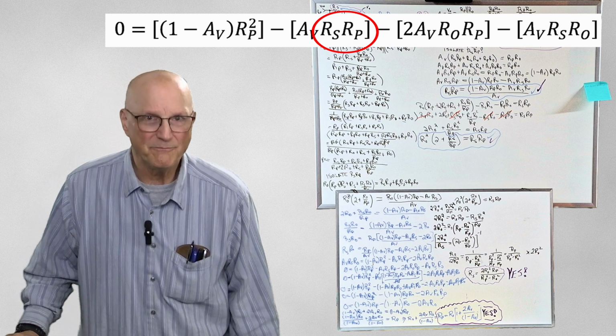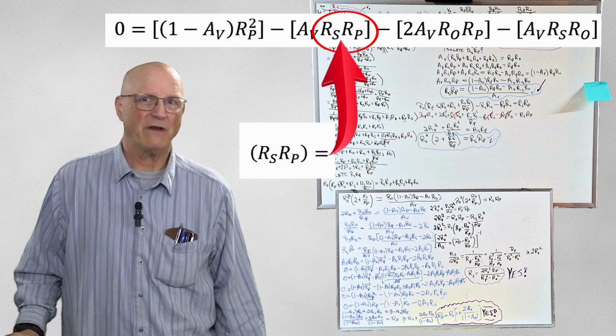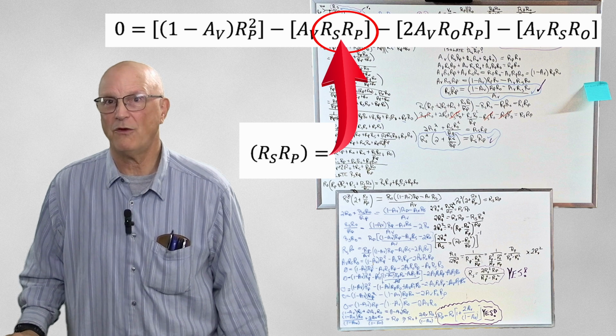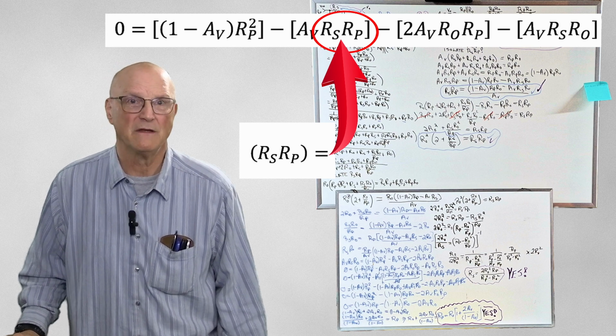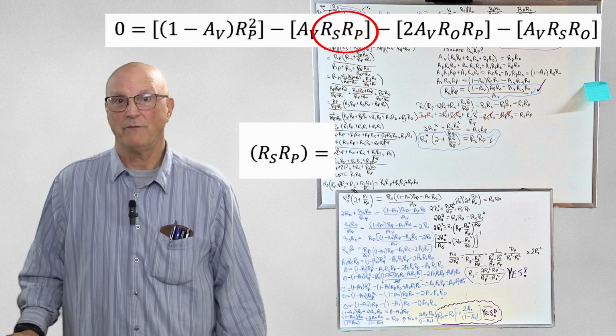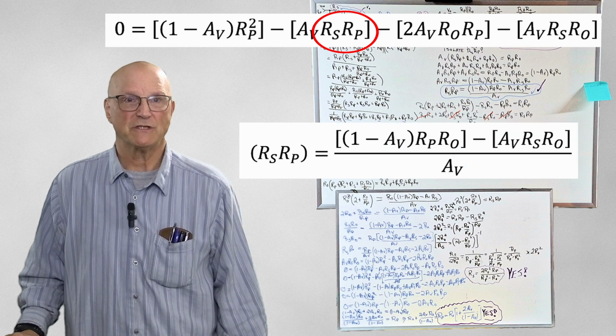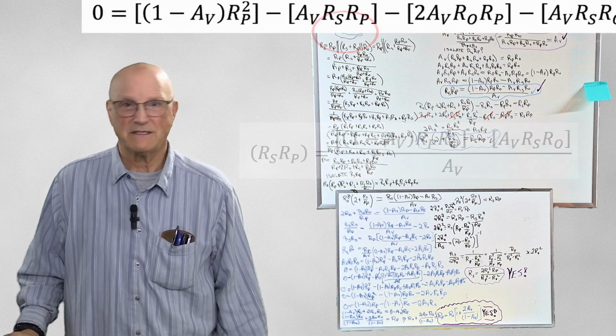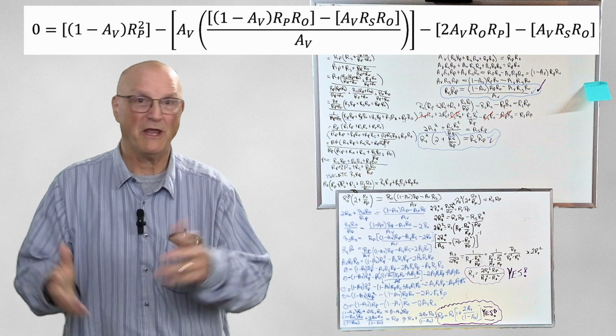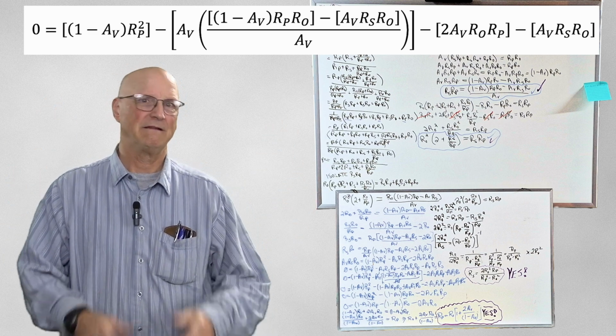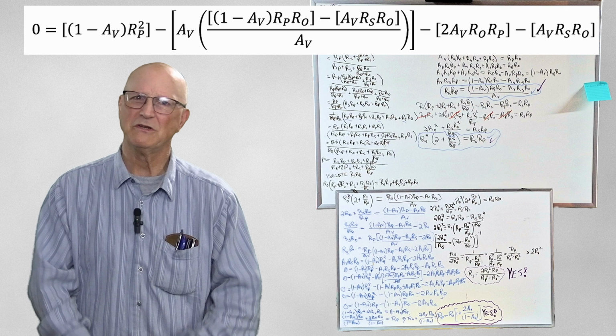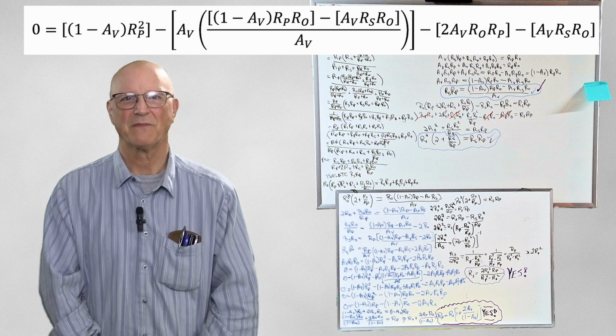Well, the answer is simple. We just replace it with one of the Rs times Rp equations we had already come up with. Now, I chose the one based on the voltage gain version. And this gives us this massive looking equation. Now, all we have to do is simplify this.